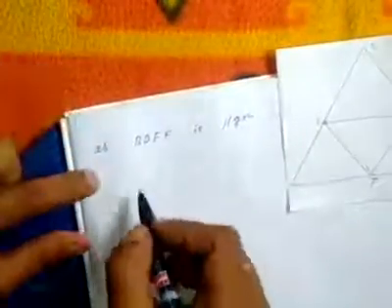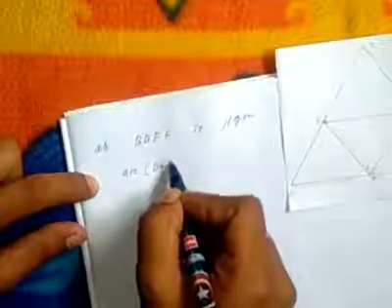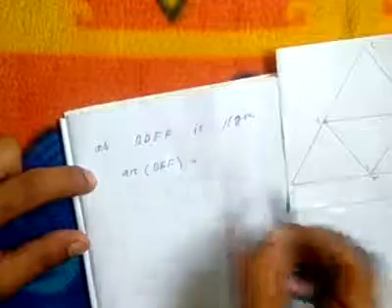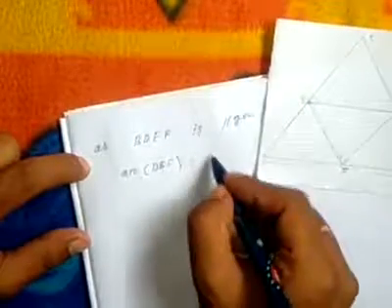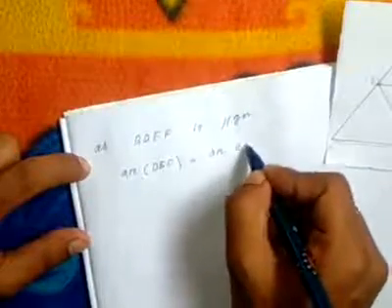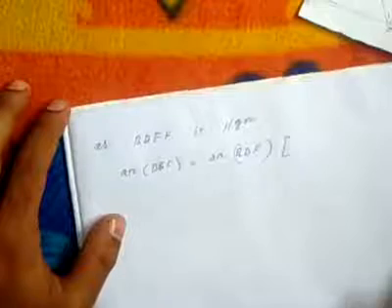So if DF is a diagonal, then we can write area of DEF is equal to area of BDF. How can we write this one? We have to write the reason also.